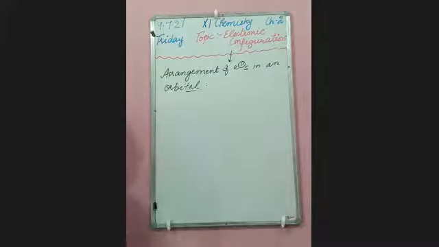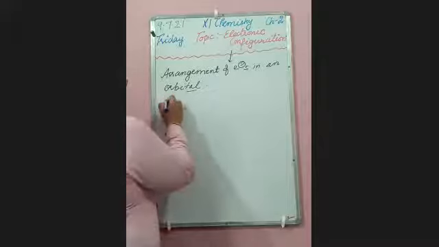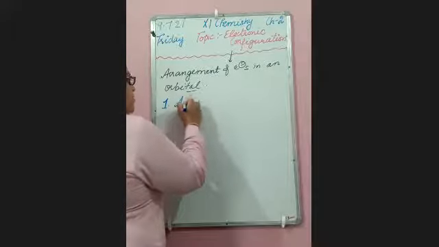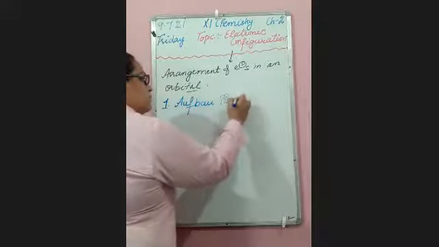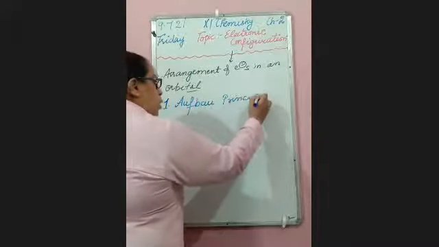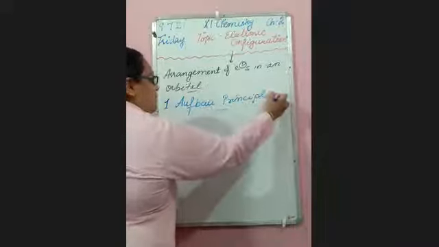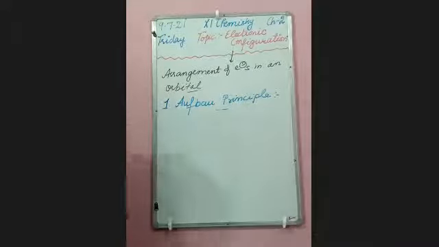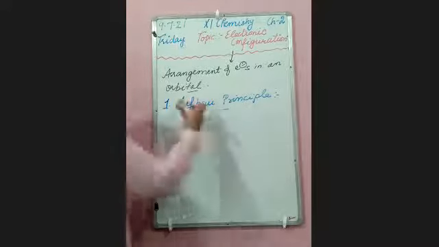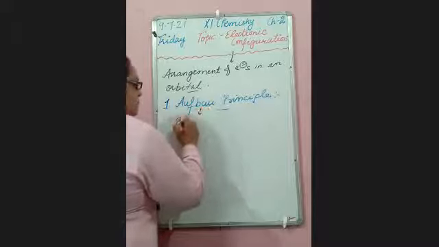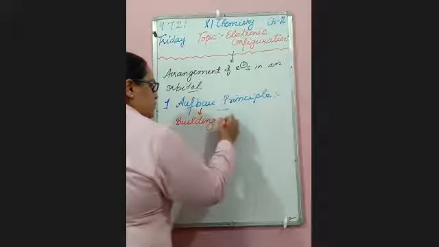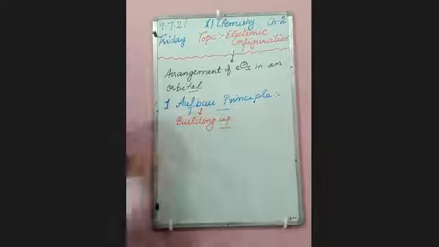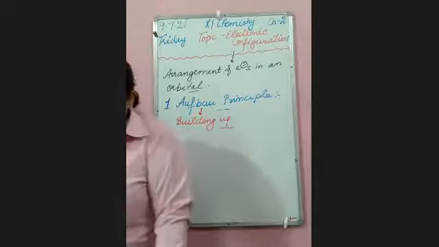The first principle of electronic configuration is the Aufbau principle. Aufbau is a German word which means building up. What does this principle state?